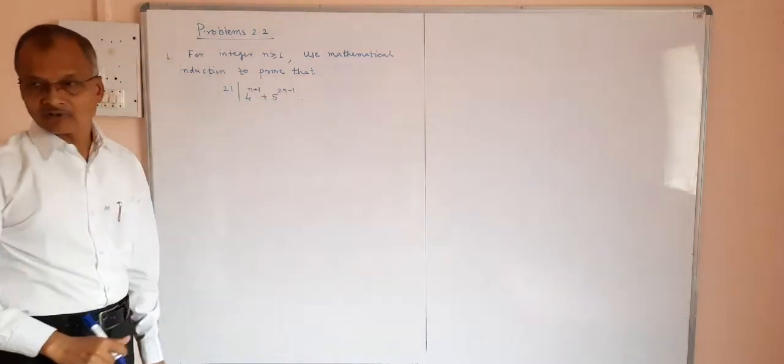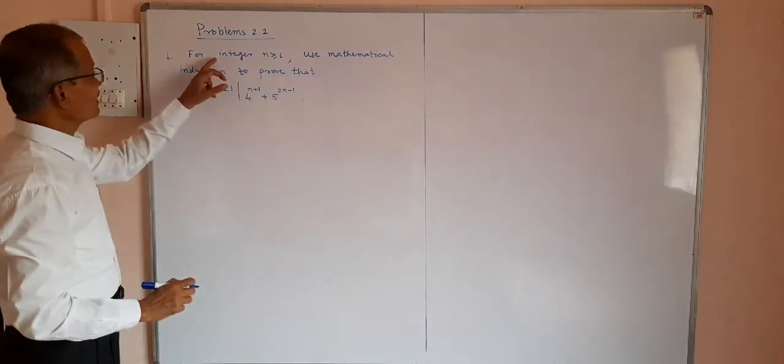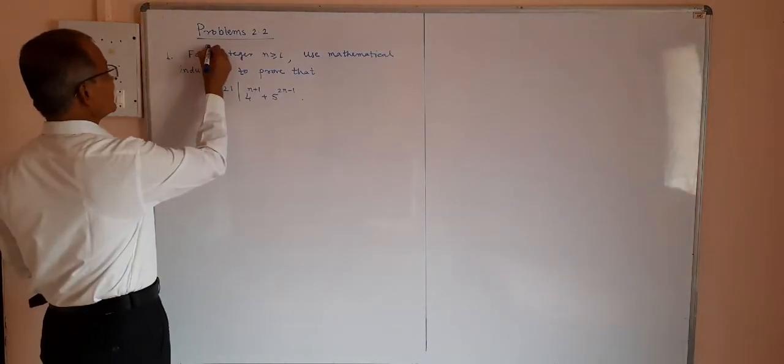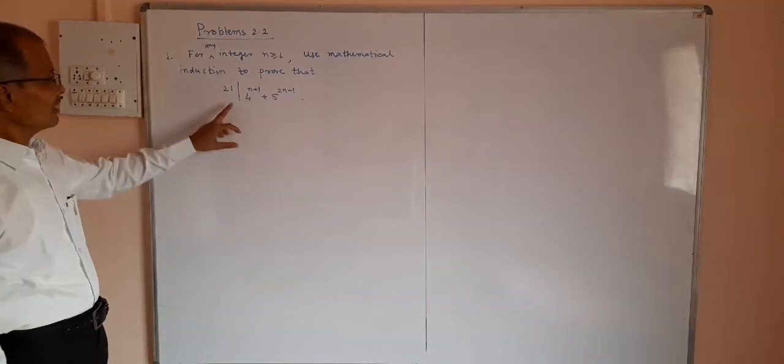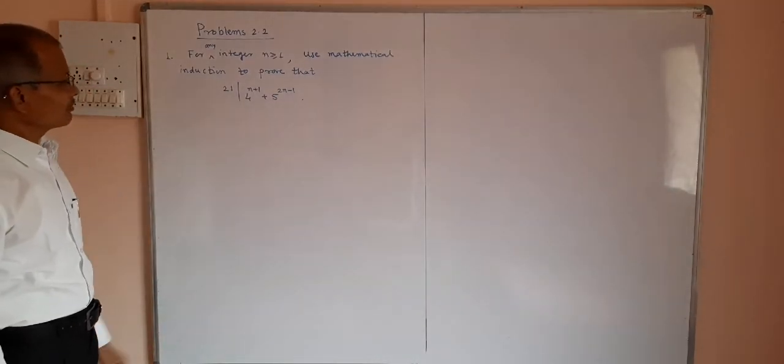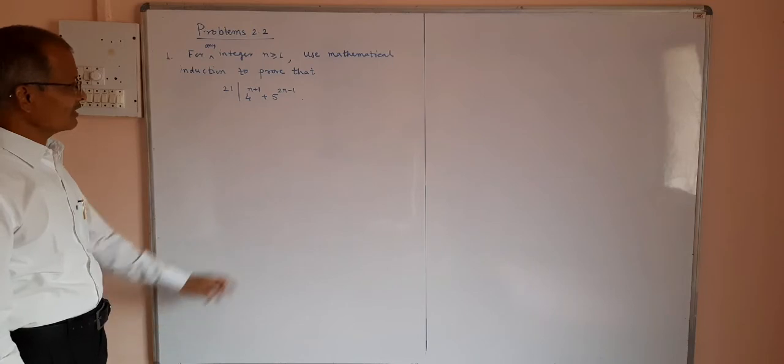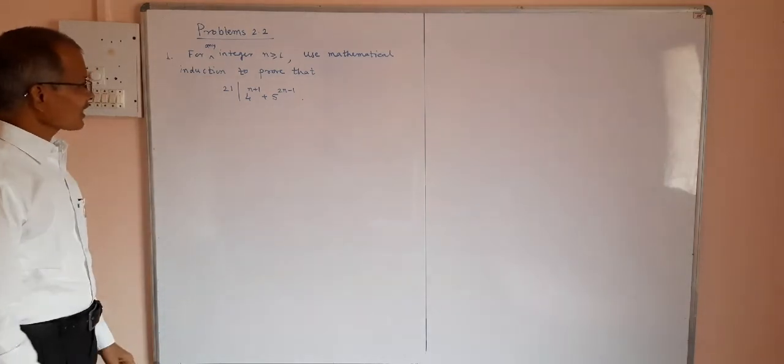So this is what we have to prove for any integer n greater than or equal to 1, 21 divides 4 to the power n plus 1 plus 5 to the power 2n minus 1.